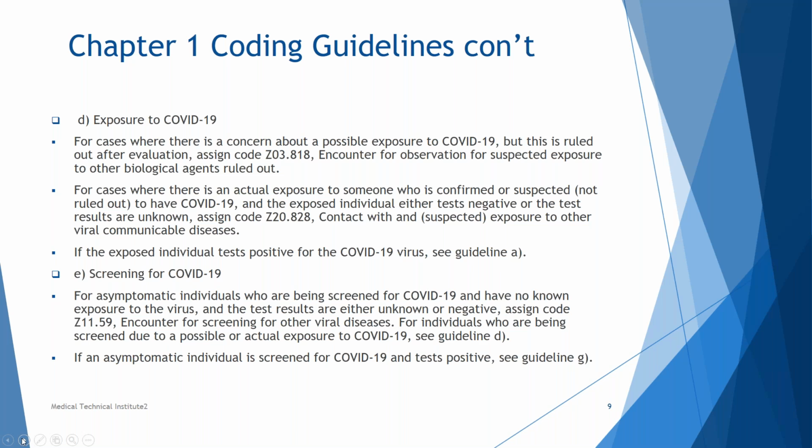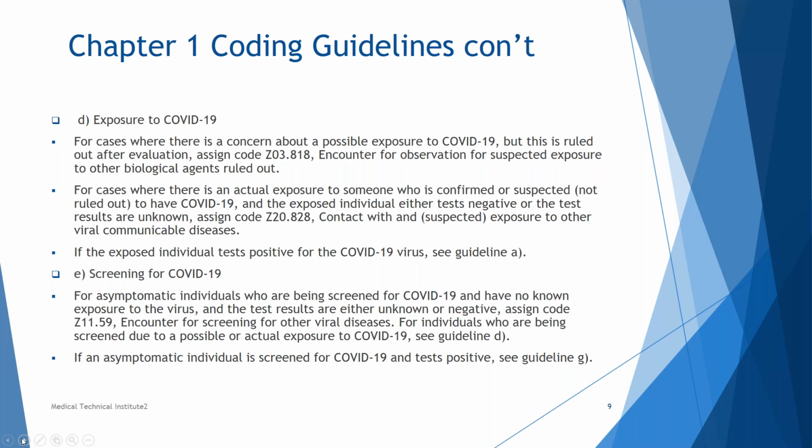For cases where there is an actual exposure to someone who is confirmed or suspected but not ruled out to have COVID-19, and the exposed individual either tests negative or the test results are unknown, then you would assign code Z20.828, which is contact with and suspected exposure to other viral communicable diseases. If the exposed individual tests positive for the COVID-19 virus, see guideline A.